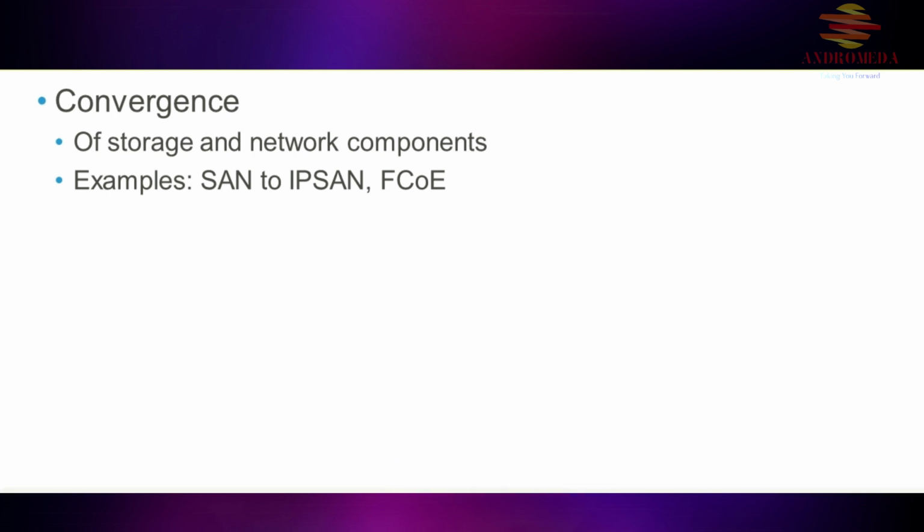So an IP SAN is using your standard IP protocols over an Ethernet network. And that's the third option we're seeing there, Fibre Channel over Ethernet. Now, a very common example of an IP SAN is what's known as iSCSI. This encapsulates SCSI commands to access the disks over a standard IP network.